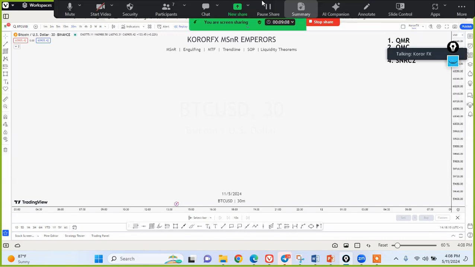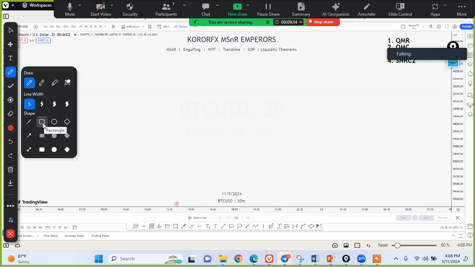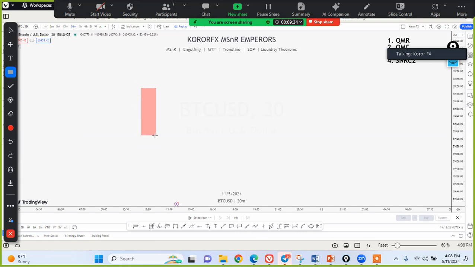So we have a candle, all right? Let me use this one, this will be better. Okay, I have a bearish candle, right? A bearish candle.